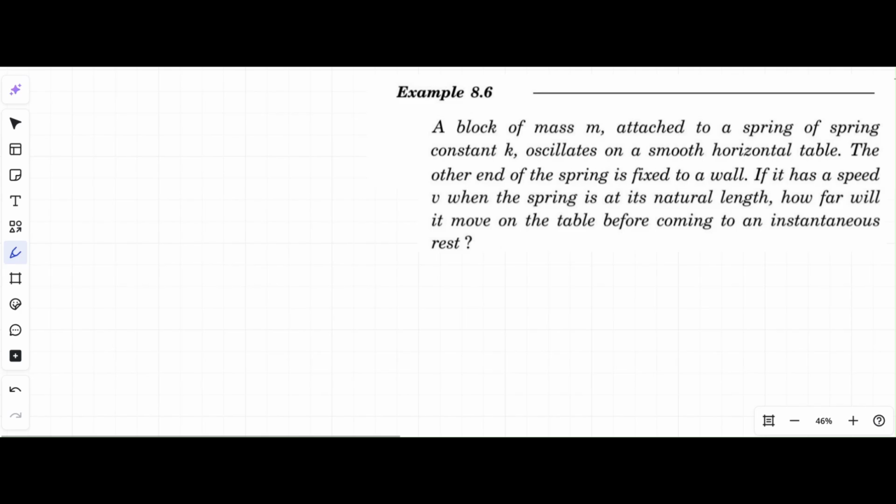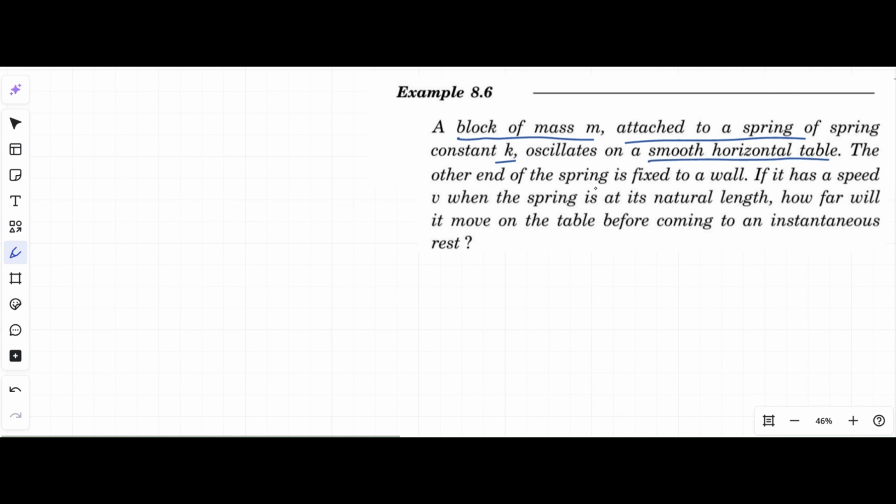Now in this new question, there is a block of mass m attached to a spring which has spring constant k, and it oscillates on a smooth horizontal table. Smooth means friction is zero, no friction is applicable here.